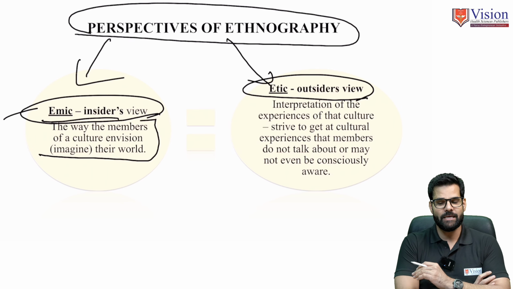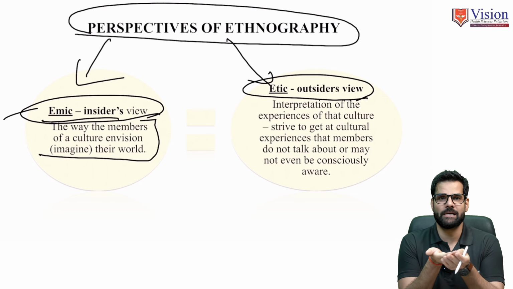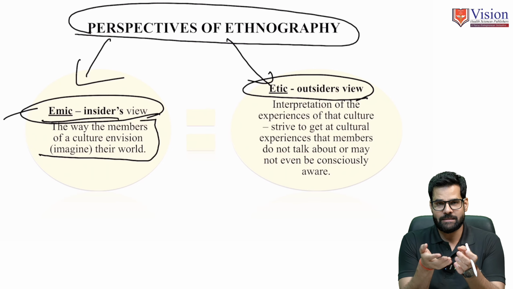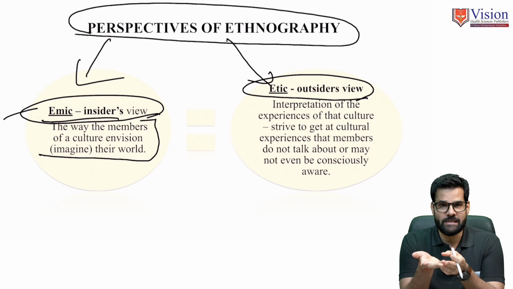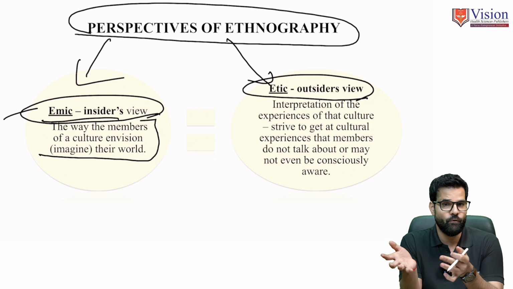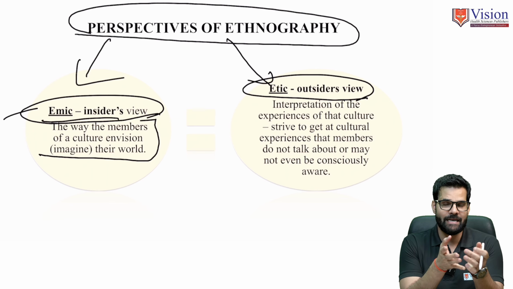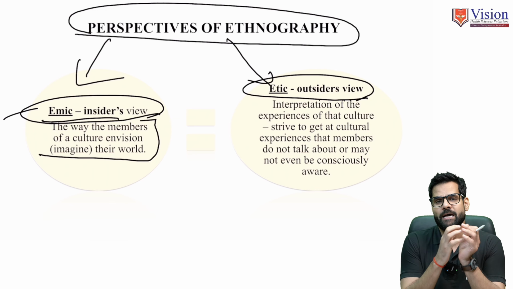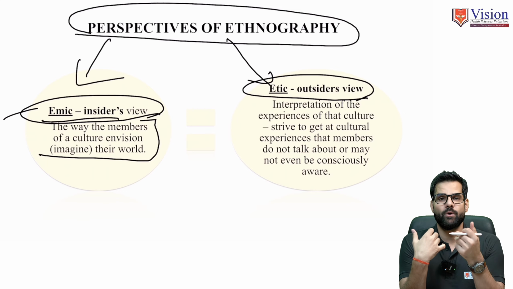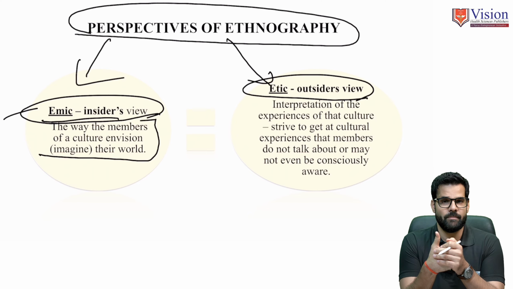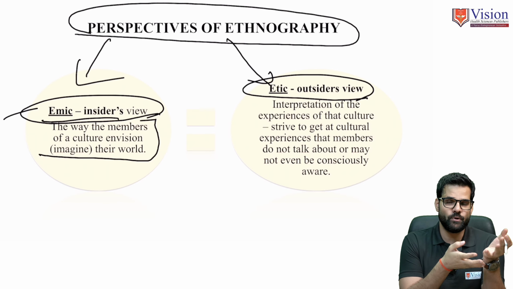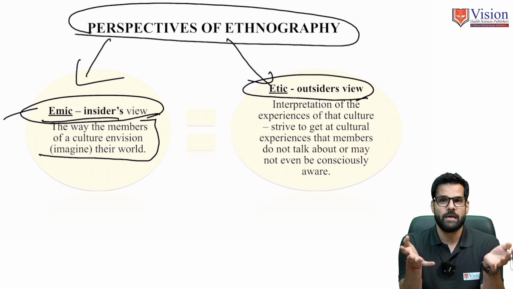Whenever you study someone's culture, if you ask the member of that specific culture how they feel about their culture, that is an insider view, their own perspective. For example, if someone asks me about my own social culture, I may have some opinion of it, these are the positive things or negative things.